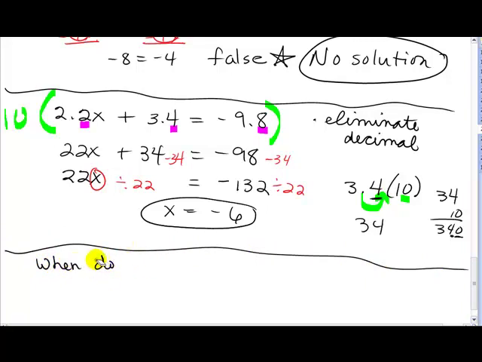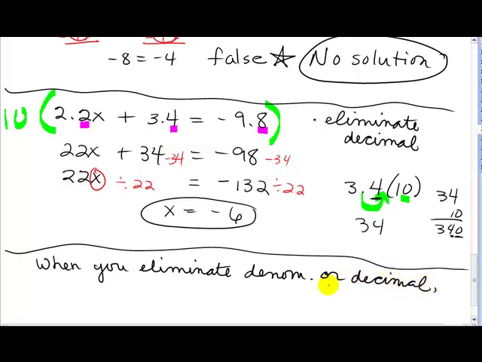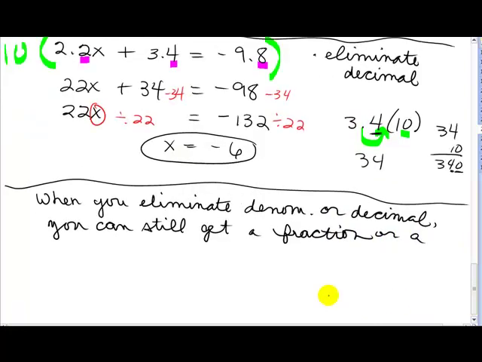When you eliminate the denominator or the decimal, you can still get a fraction or a decimal for an answer.